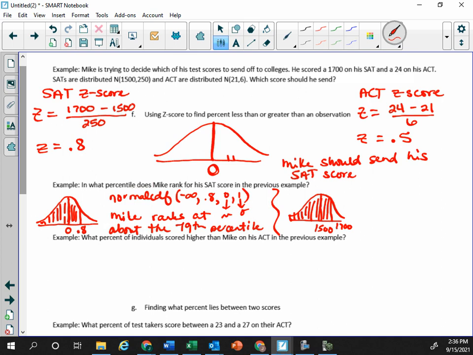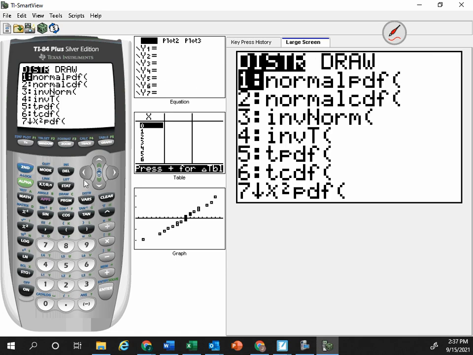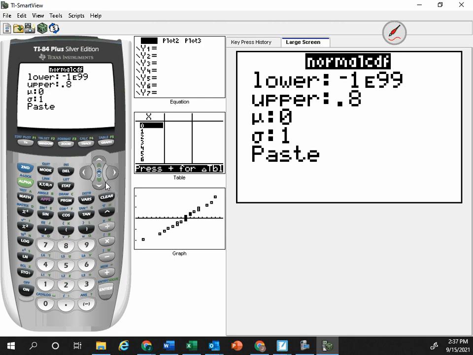So let me pull up my calculator again. So we're going to go through a very similar process here. You're going to do second vars again, and you'll pick normal CDF. But now instead of 0.8, you're going to put in his score, which was 1,700.